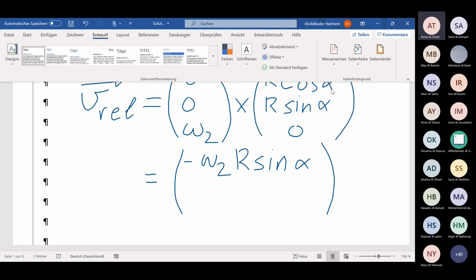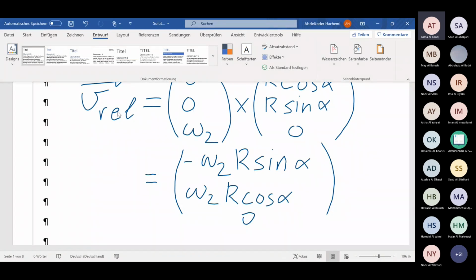Then it will become here omega 2 r cosine alpha. And the third component, as you can see, if we eliminate the third line, we have 0 multiplied by r sine alpha minus r cosine alpha multiplied by 0, then it will give 0.